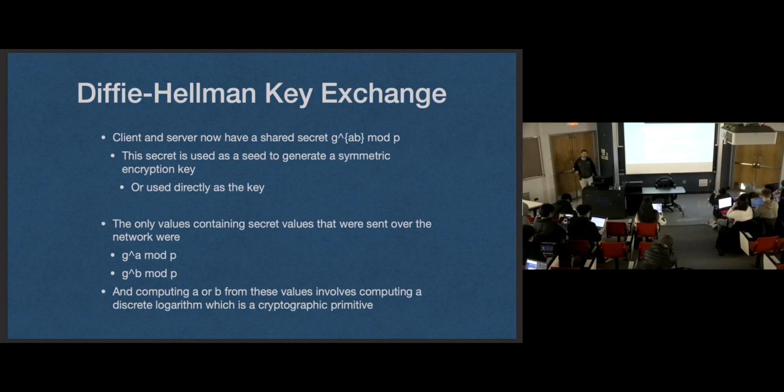So now we have a shared secret, G to the AB mod P, and this is what we can use to generate our symmetric encryption key, or just use this directly as the key if we don't feel like taking another step. It's the choice of the client and server. And the only things that went over the air were these values. If we're eavesdropping, we can see G to the A and G to the B, but to get A or B, that's discrete log.